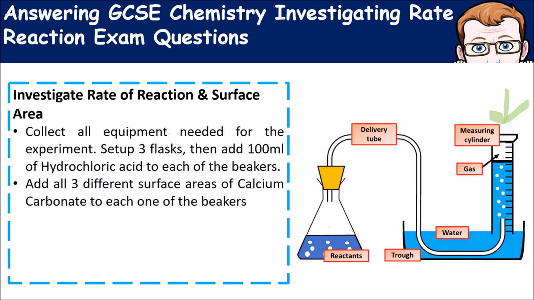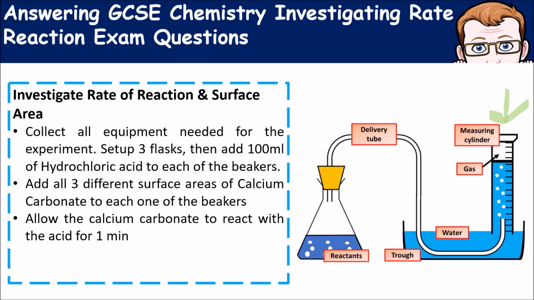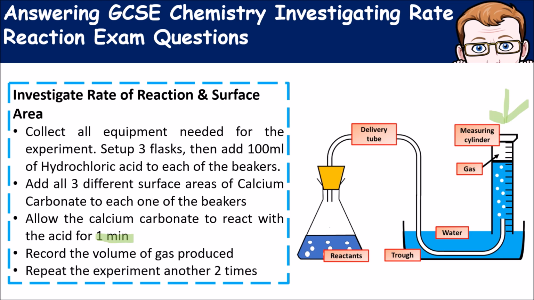In this case, it would be reacting calcium carbonate with an acid. React it for a certain amount of time. It's important to say the amount of time you're reacting it for. Then you record the volume of gas that's being produced. Same again, repeat it another 2 times, which will allow you to get an average, which will improve accuracy.